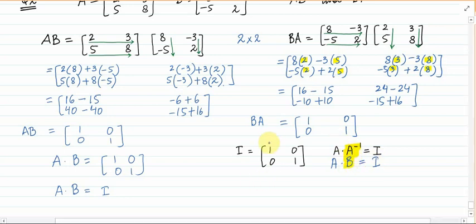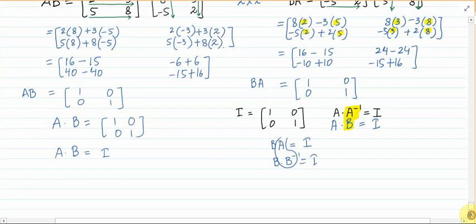Similarly, in your next part, it says B times A is equal to the I matrix. So basically B times B inverse equals I, and I basically equals the inverse of B, right? So that is the relationship between A and B: both matrices are inverses of one another. Moving on to the same type of questions for your practice.